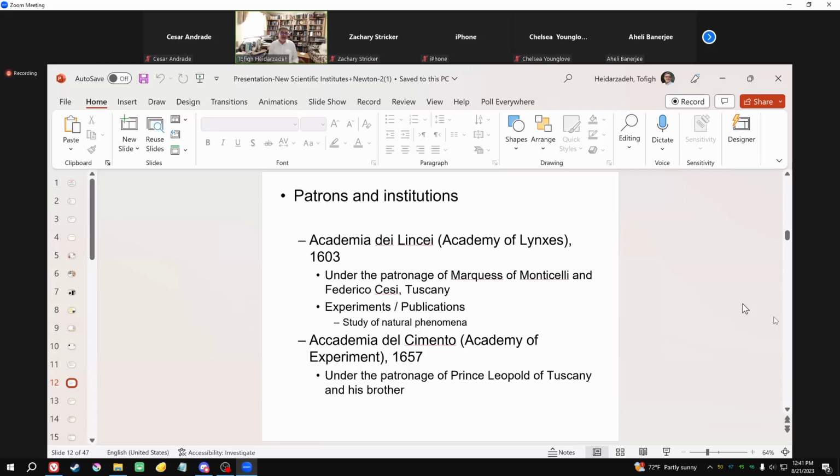We are very vigilant about natural phenomena, and they hired people. They did a lot of experiments in different branches of science, and they started to do what is very important: publication.